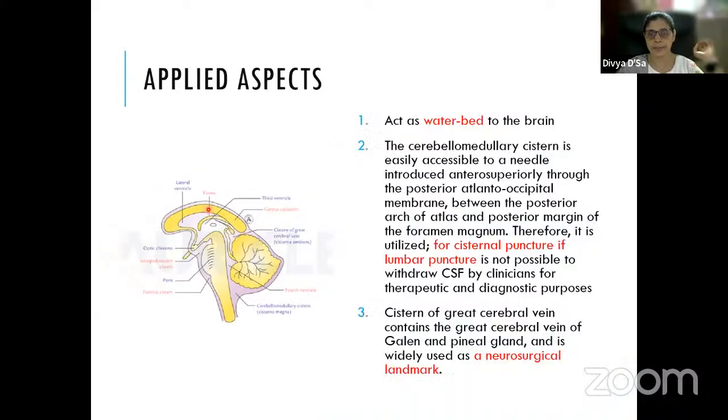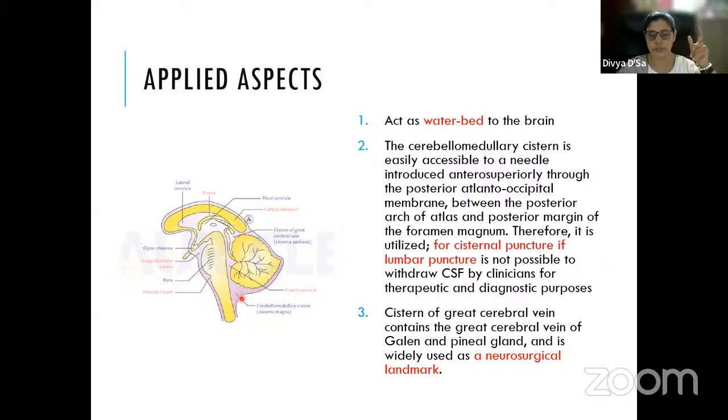Then you write about the applied aspects. It acts as a water bed to the brain, and the cerebellomedullary cistern is easily accessible to a needle through the foramen magnum, via the suboccipital triangle.